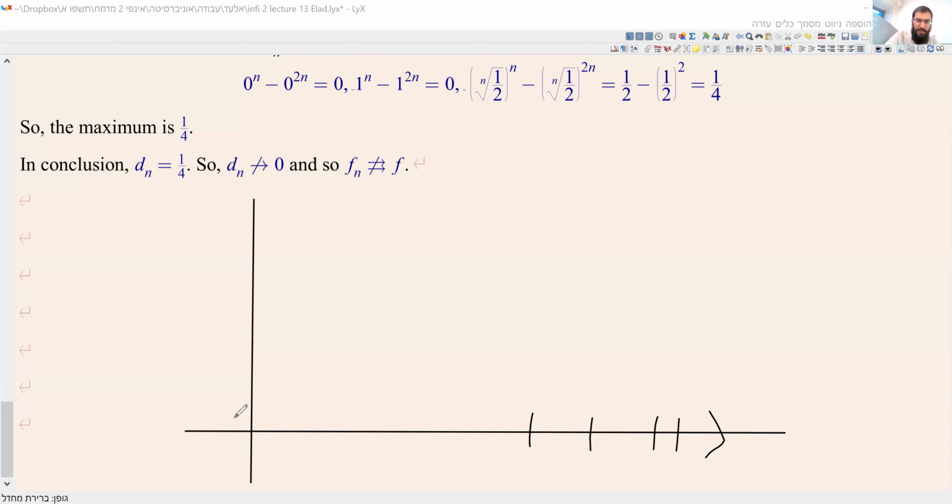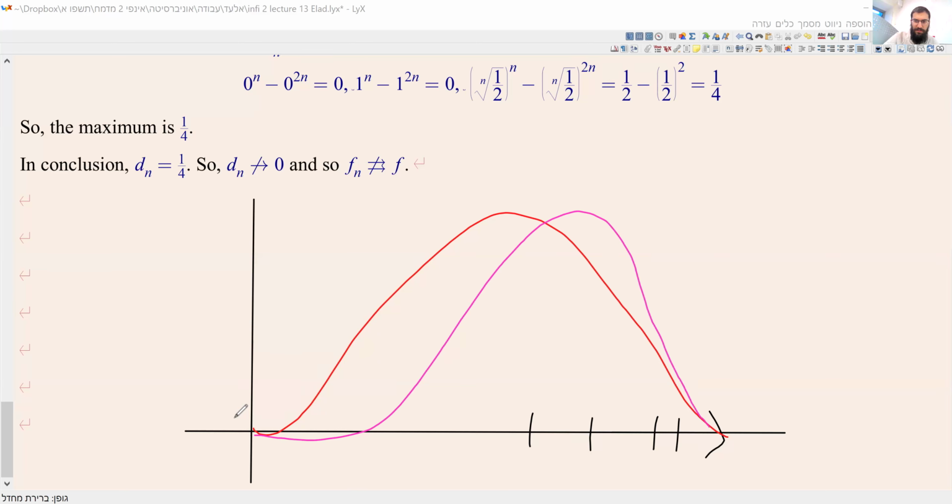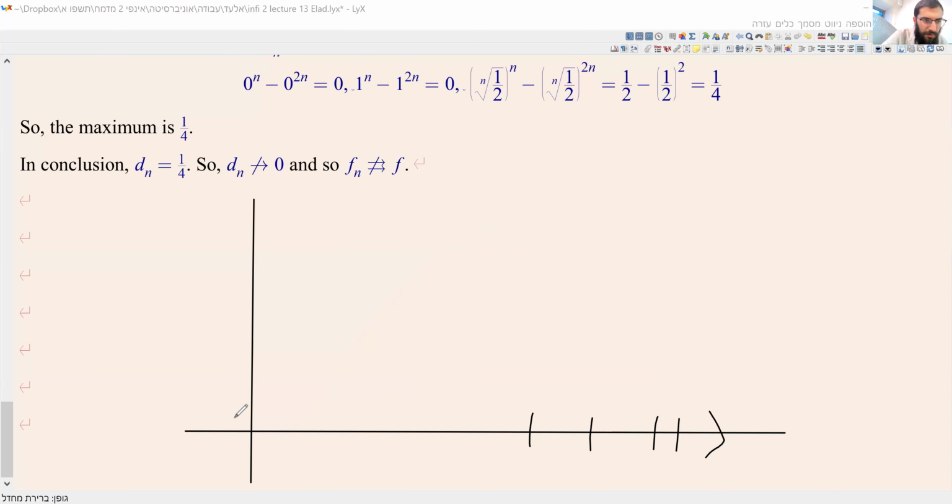So the first function is something like that. And the second function is something like that. It gets the maximum at a different point, but still, it starts from 0 and goes to 0. In 0 and 1, both of the values are 0. And the third function, it should be, of course, above the axis. Let's do it more precisely, as far as I can.